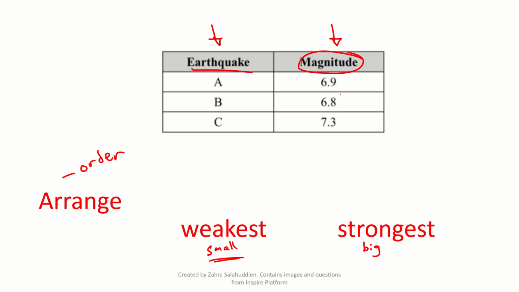My smallest number is 6.8, so that is E. After that comes 6.9, which is A. And the last number, the strongest number, is 7.3, which is C. Okay, so my answer would be EAC. These are my earthquakes from the weakest to the strongest.